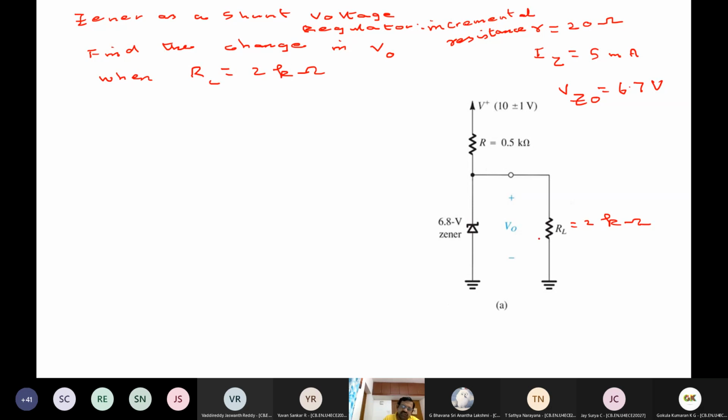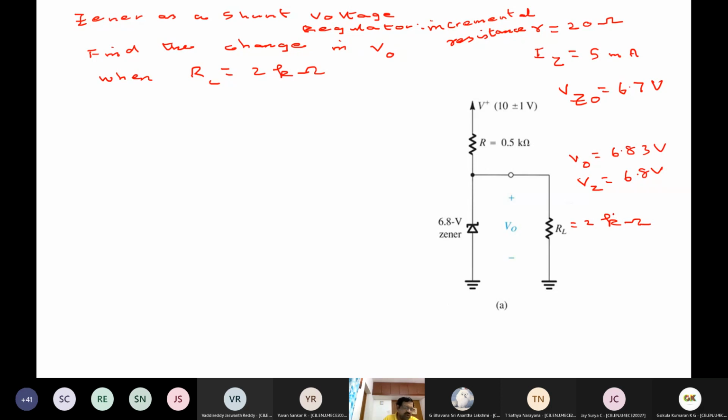The moment the load is connected, we know V naught is going to be across RL, and we have found the value of V naught, that is 6.83, which is the exact voltage, whereas your nominal voltage is actually 6.8 volt. So this 2 kilo ohm is going to have that voltage seen across it.